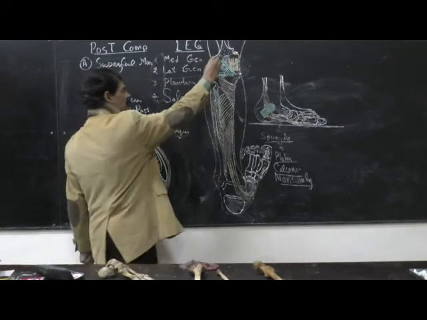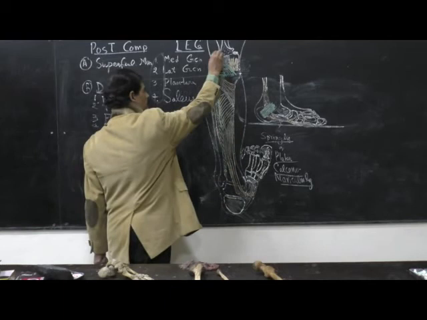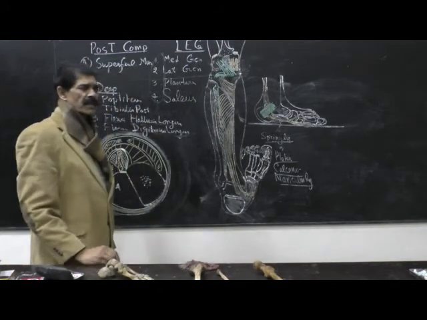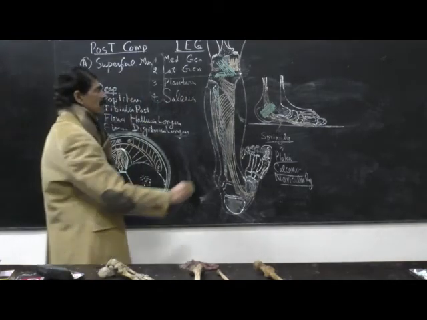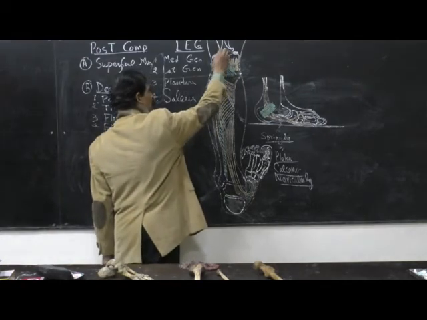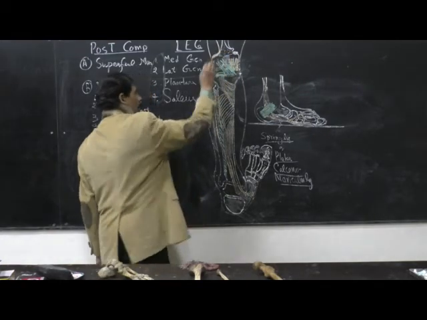The lateral gastrocnemius also takes origin from the superior surface of the lateral condyle of the femur, plus a little bit from the lower part of the lateral supracondylar line.